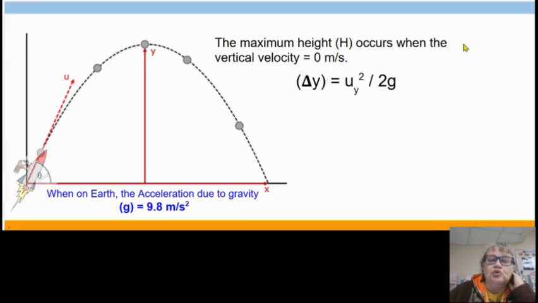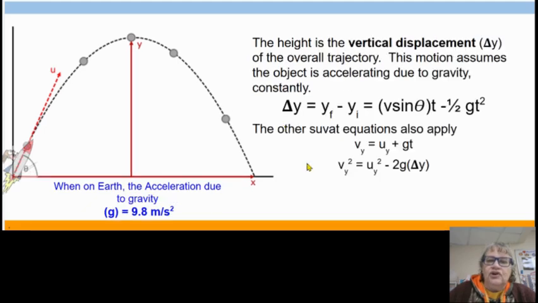All right. So knowing that, a lot of times what we really want to know is if we launch this object, at what point is it going to be at its highest point? So the maximum height occurs when the vertical velocity is equal to 0.